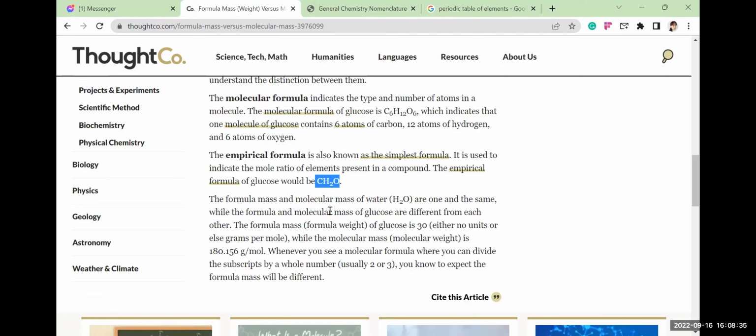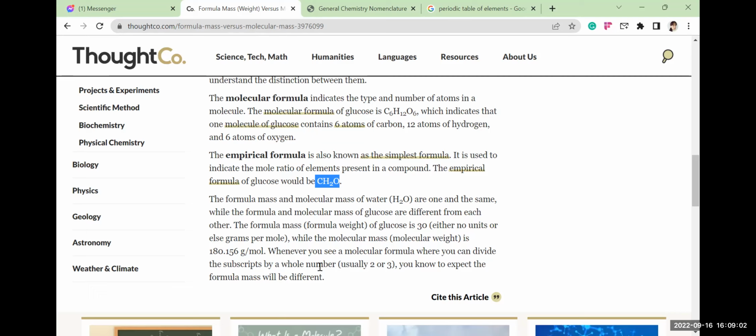So, for example, you have H2O. So, the formula mass of glucose is 30. Well, the molecular mass is grams per mole. So grams per mole siya.